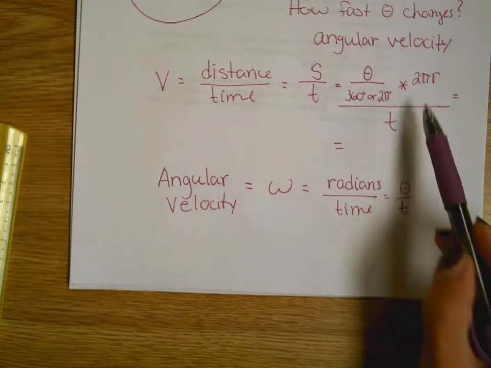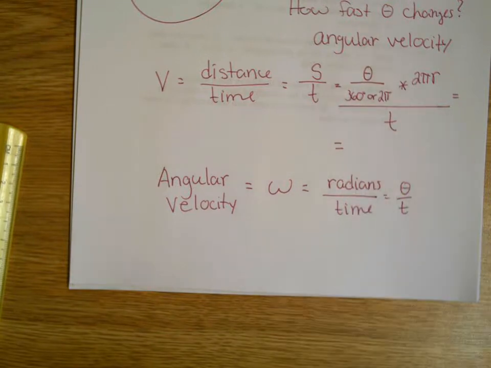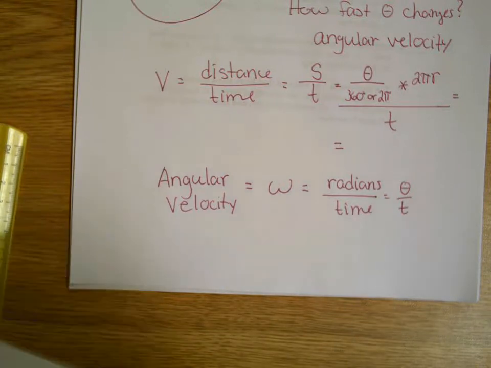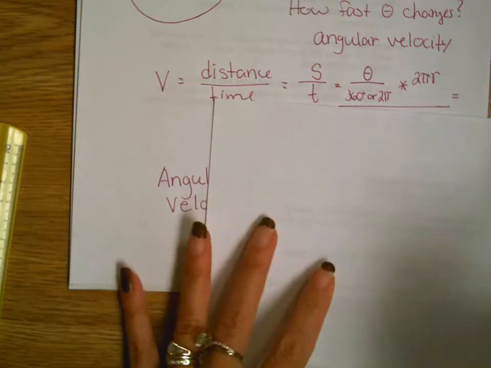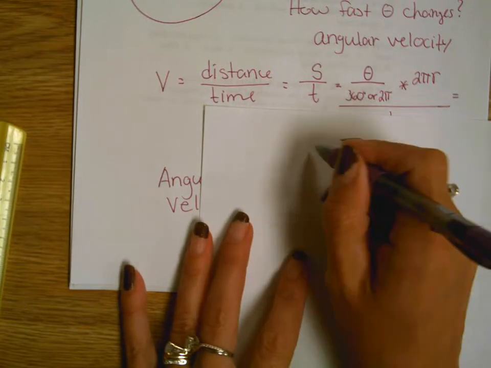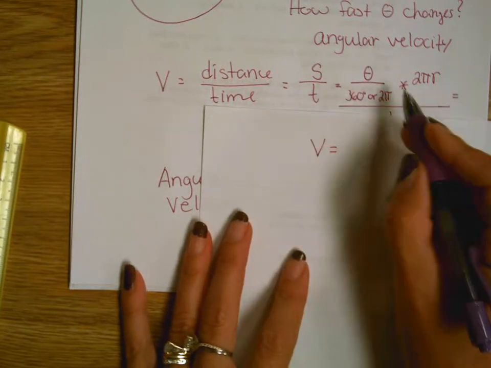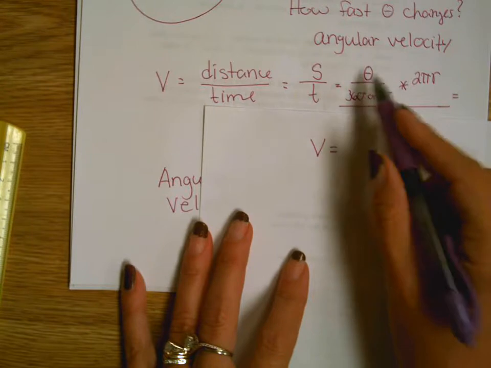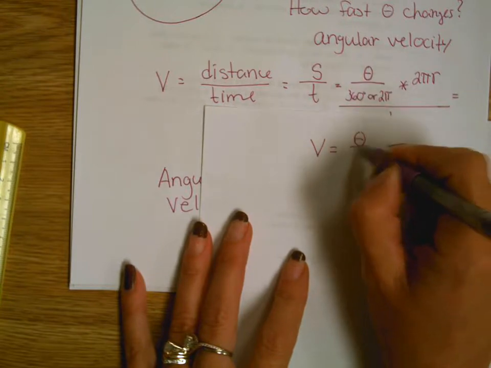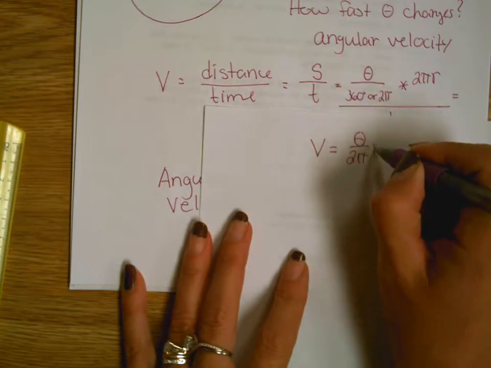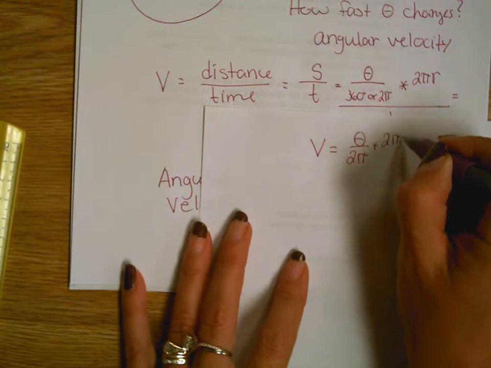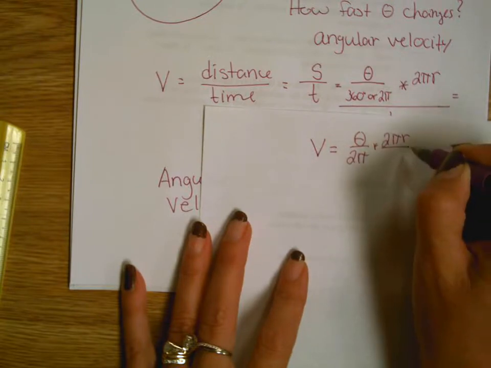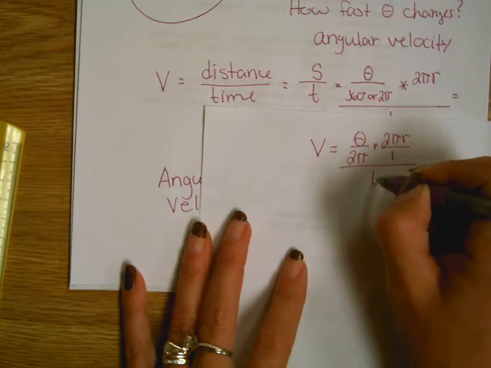So with this formula here, I'm just going to show you where it comes from. You don't have to know the development of it, so I'm just going to show you real quick, and we're going to fill it in. If we take this formula here, our velocity, and go with the radian version, theta over 2 pi times 2 pi r, divided by time.